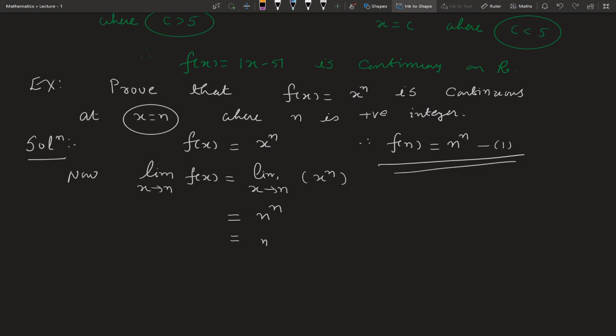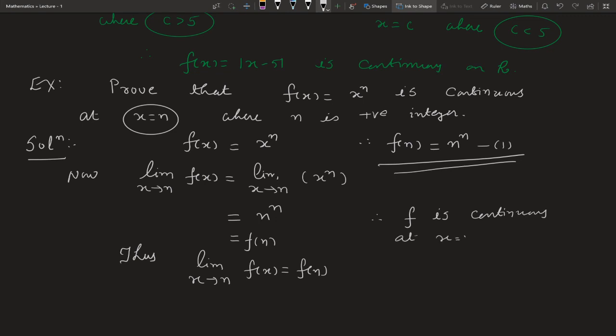Thus limit as x tends to n of f of x equals f of n, therefore f is continuous at x equal to n.